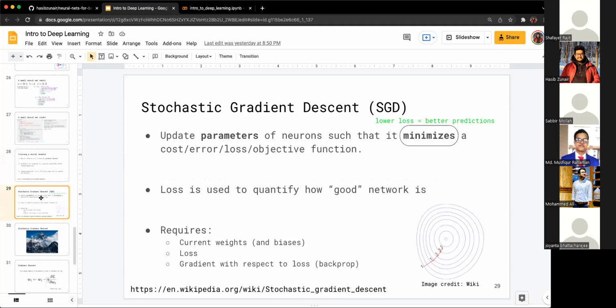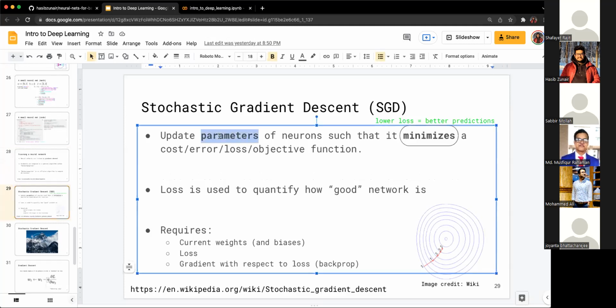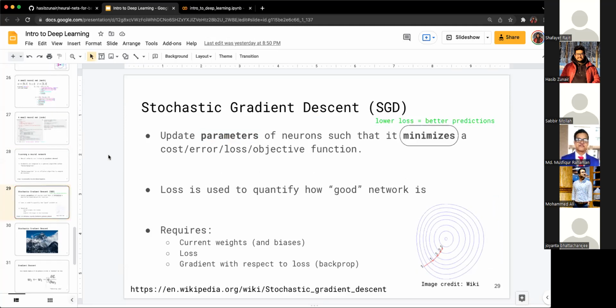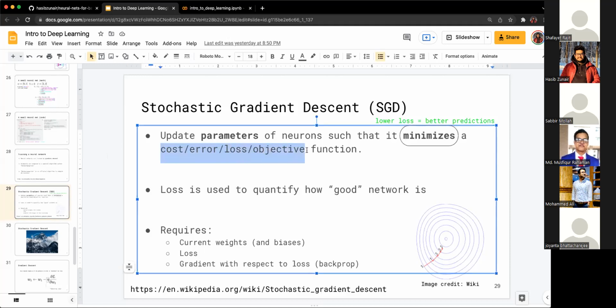So let's look at what gradient descent does. The goal of gradient descent is simply to update the weights and biases, which in this case I call the parameters of your neural net and all the neurons in that neural net, so that it minimizes a cost, error, loss, or objective function. This cost, error, loss, objective, they all mean the same thing.